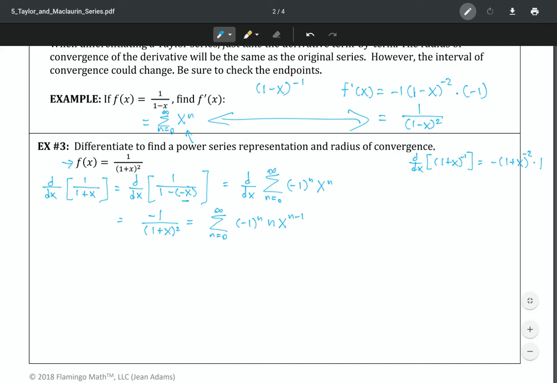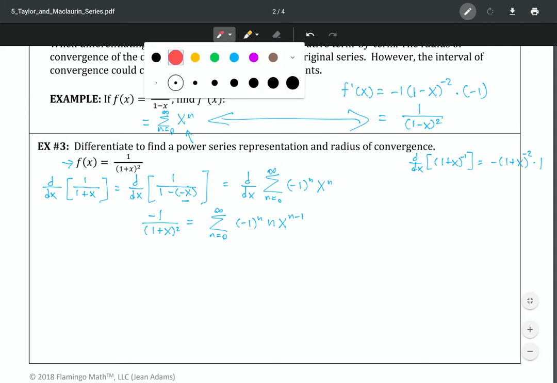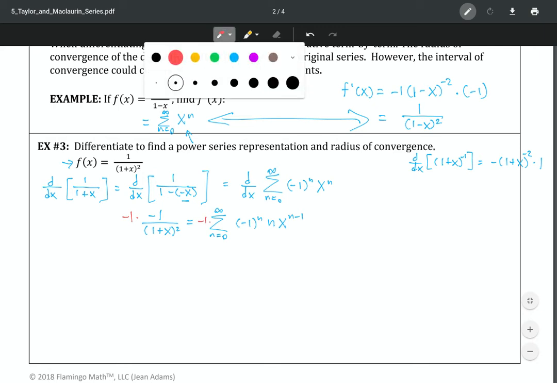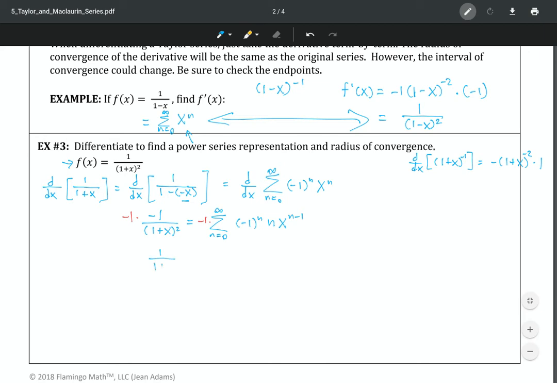To make it exactly the same, what I can do is multiply both sides times that -1. This is going to give me 1 over 1 plus x squared, and this side is going to give me the following.